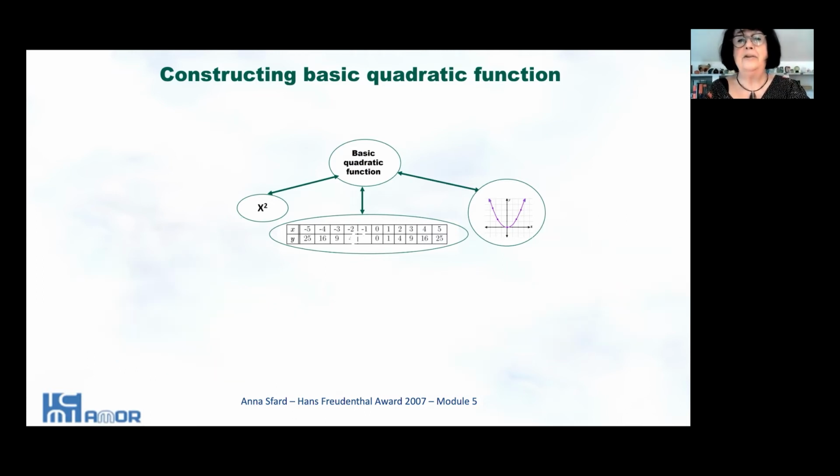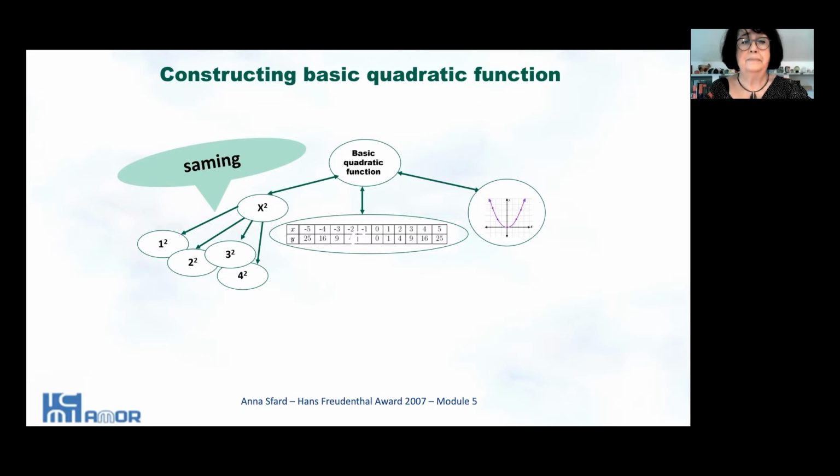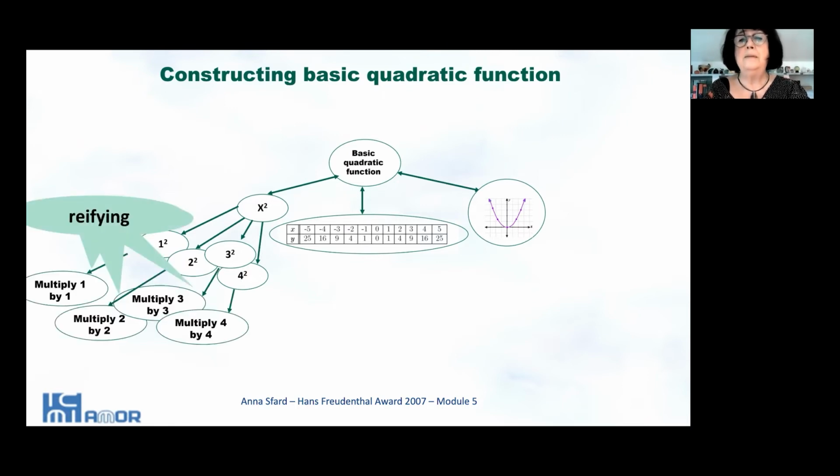But the process of realizing signifiers with the help of other signifiers is recursive. And the three realizations of the basic quadratic function may themselves be realized by other signifiers. Thus, x squared may be realized as a square of any specific number. It is thus obtained from these specific squares by saming. These square numbers, in turn, are reifications of the operation of multiplying numbers by themselves.